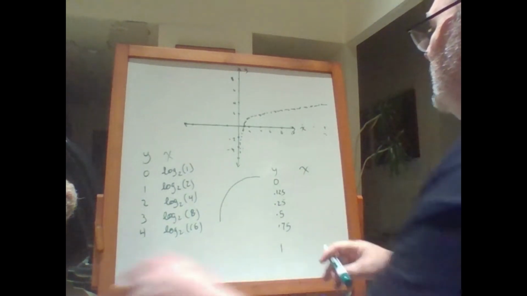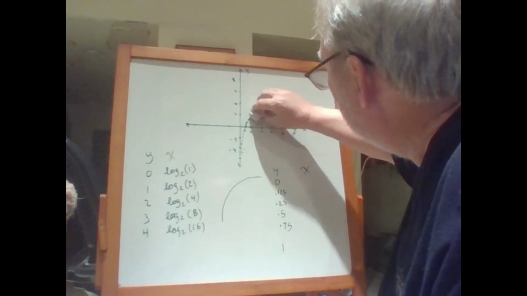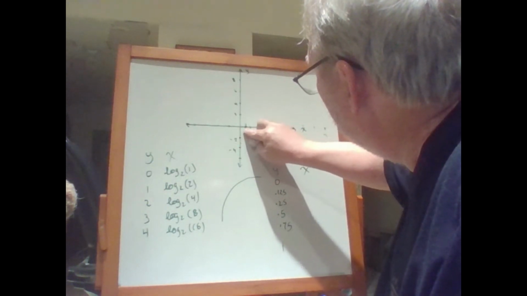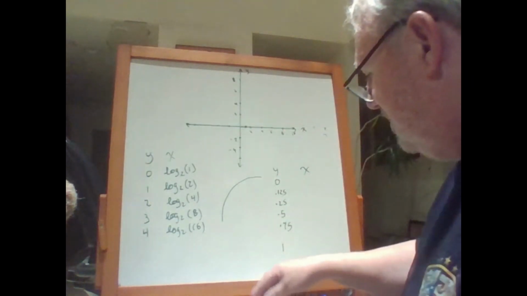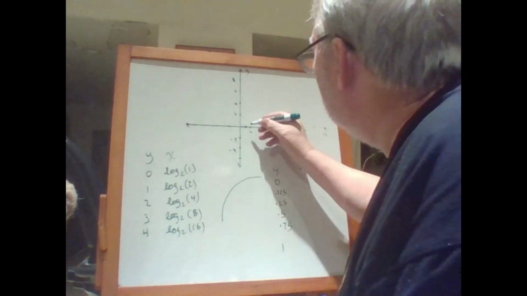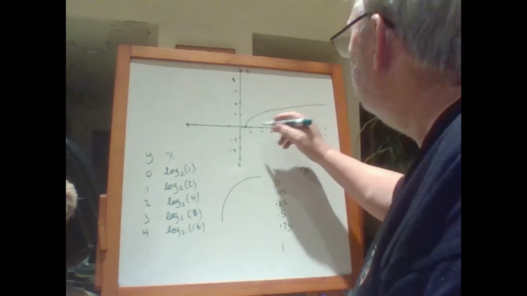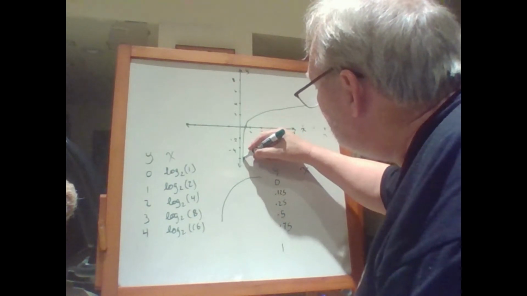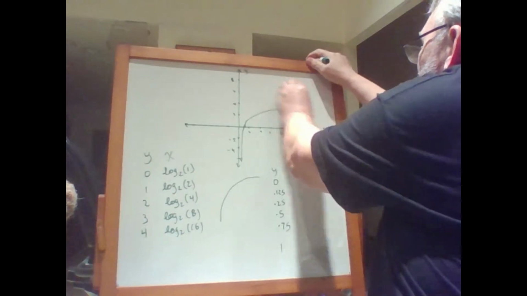I didn't do a very good job of drawing it here, but maybe I can wing it by eye. Starting here, we can go sort of like this, and sort of like this. And I didn't draw that very smoothly, did I?